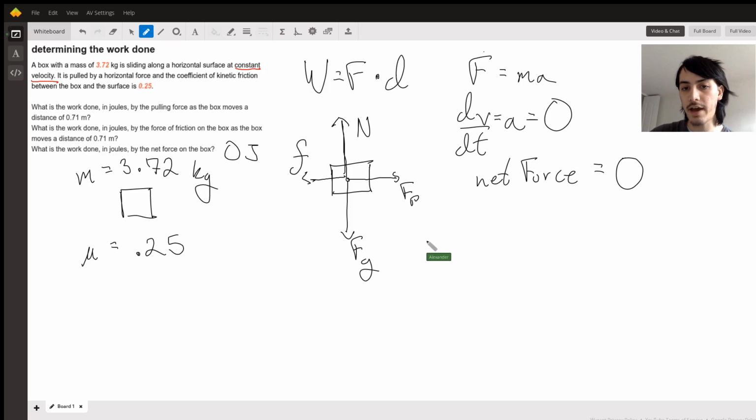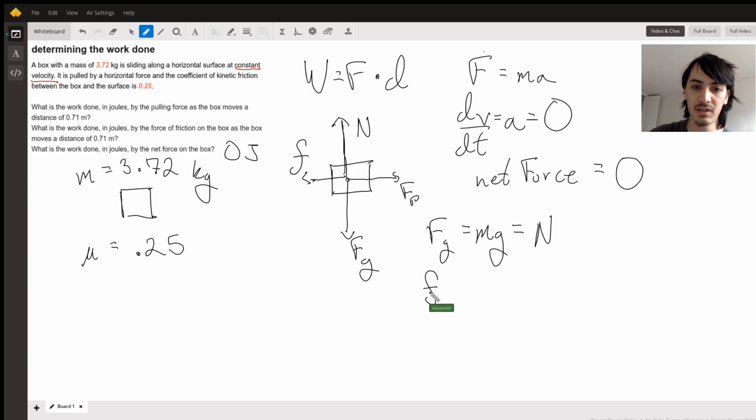And we know that the gravitational force generally is mass times acceleration due to gravity, and that this is going to be equal in magnitude to the normal force. We know that the formula for kinetic frictional force is our coefficient of kinetic friction, mu, times the normal force, which we can alternatively substitute in here as mu mg.